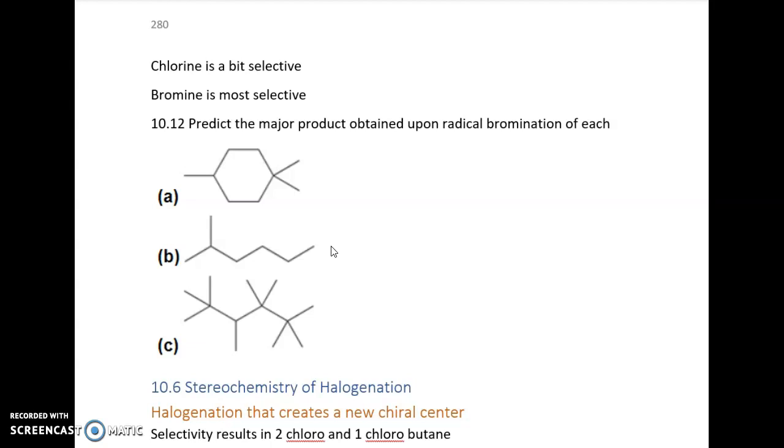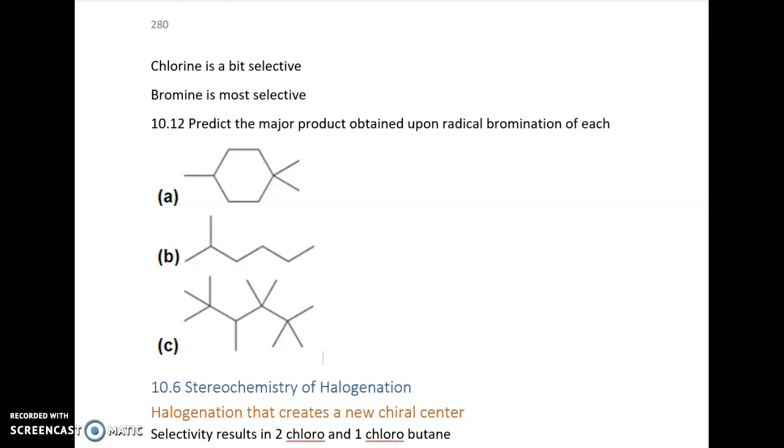So let's predict the major product obtained from bromination of these substrates. So what we're looking for here is something that's going to make, well, first would be a resonance stable radical, and second would be a tertiary radical. I don't see any double bonds, so I don't think we're going to have any resonance in any of these. So we're looking for something that's going to make a tertiary radical.